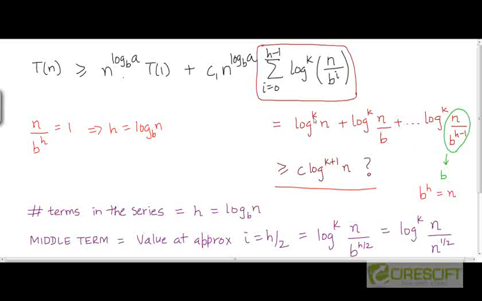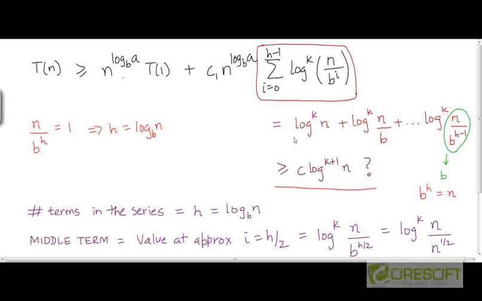The first term has log to the power k of n. Now if every term was log to the power k of n, we would have obtained this, because then log to the power k of n would have been multiplied with h, which is the number of terms, and we would have gotten an extra power because h is log of n.